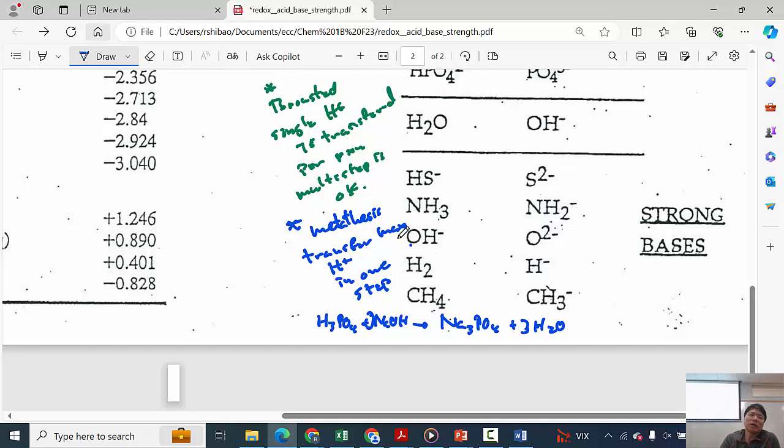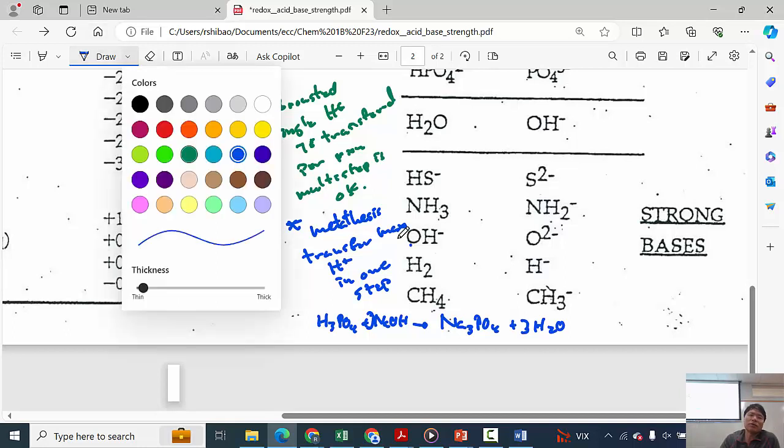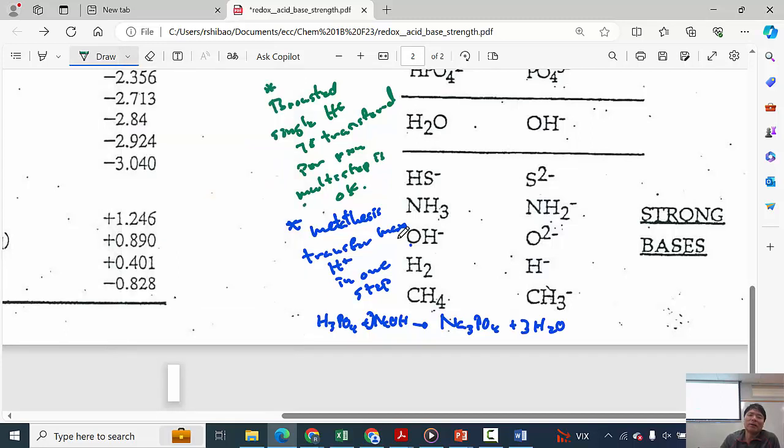Whereas if I do this in Bronsted, I wouldn't do that. I would do this 1 step at a time. H3PO4 would react with hydroxide, and this would make dihydrogen phosphate, H2PO4 minus, plus water.